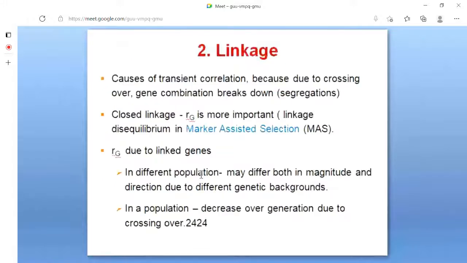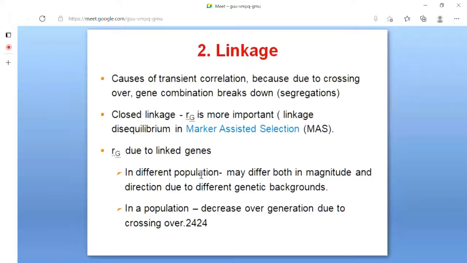Then another one is, as I told you, heterozygosity. If the genotype is heterozygous, the chance is that you may get hybrid vigor. You know what is hybrid vigor?